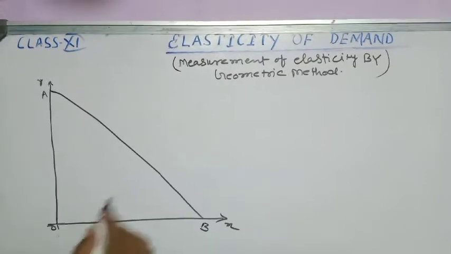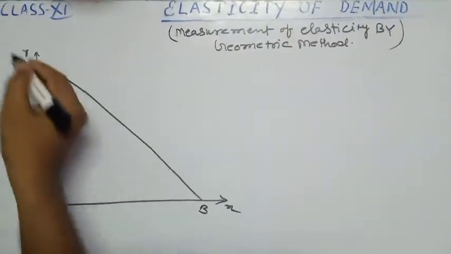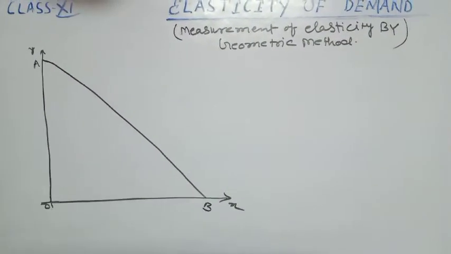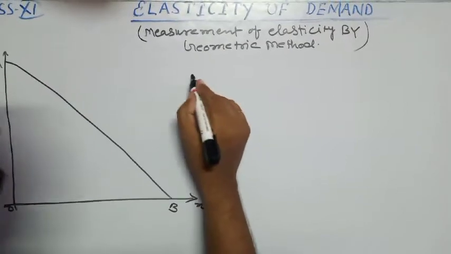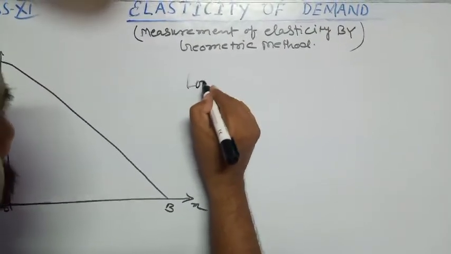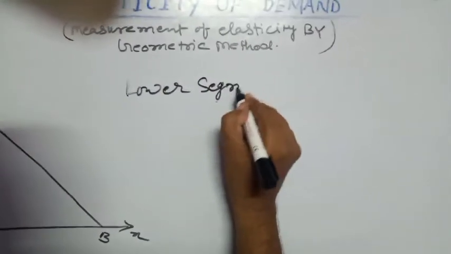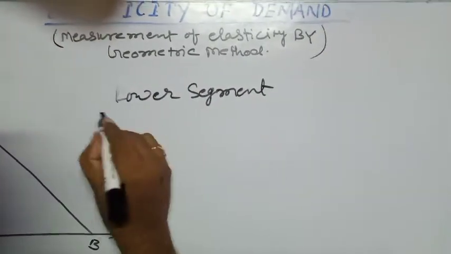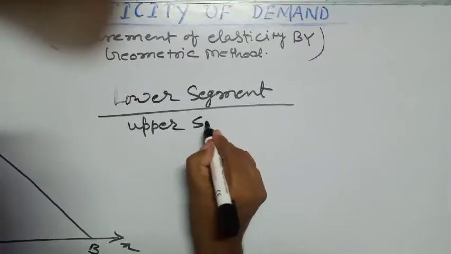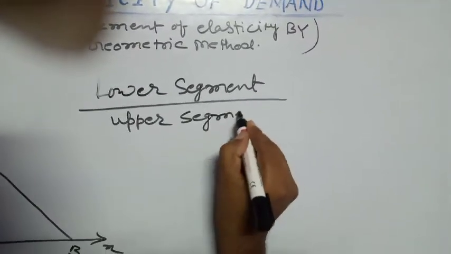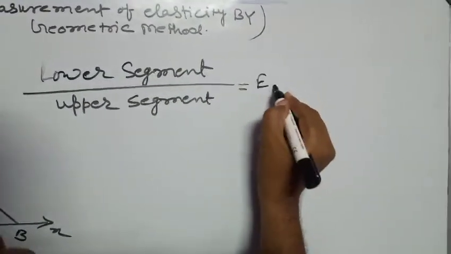Okay, so if AB is a segment, then what will happen at different level of this segment? So there is a simple formula, that is lower segment divided by upper segment is equal to elasticity of demand.